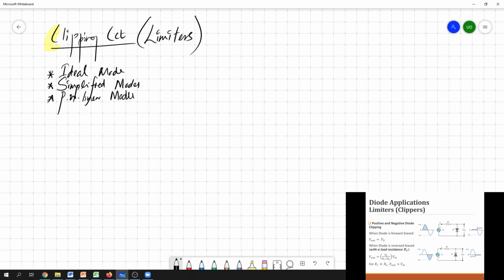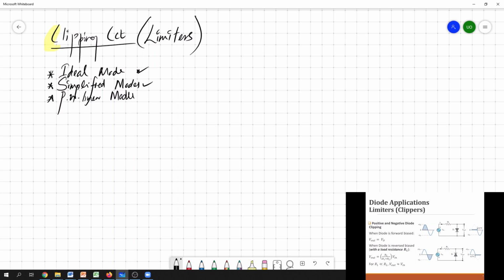As we discussed last time, these two, the ideal model and the simplified model, are the common types of models which we can use for the analysis of diode circuits.